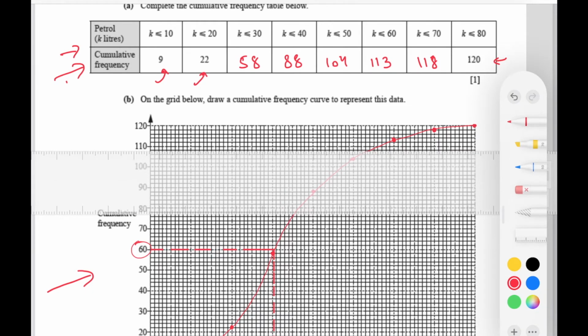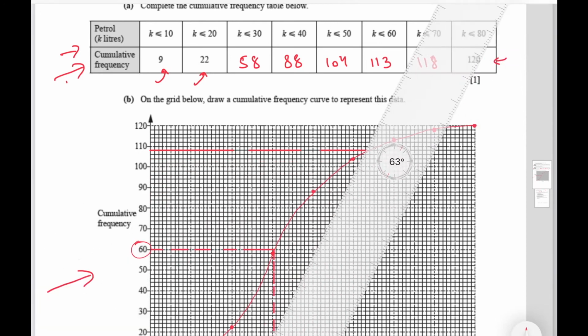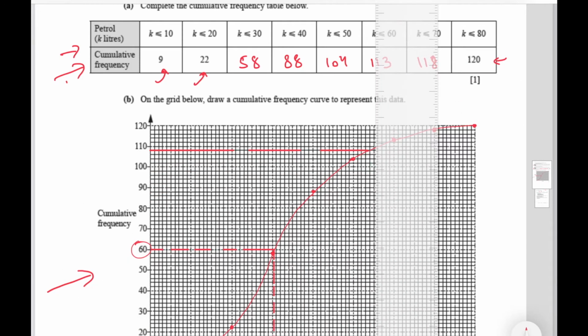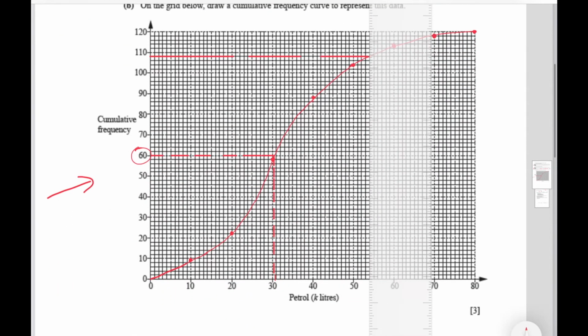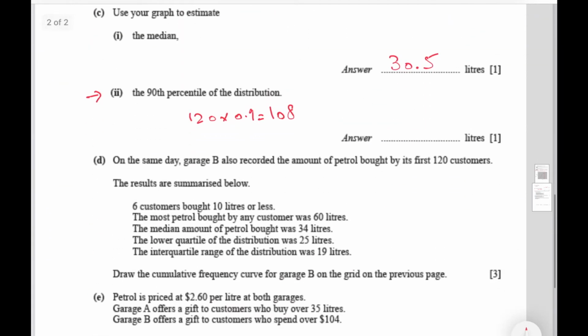Okay, so we draw a horizontal line like this. And then we draw a vertical line from this point onwards, somewhere around over here. This is perfect. This gives us 54. So the 90th percentile is 54.